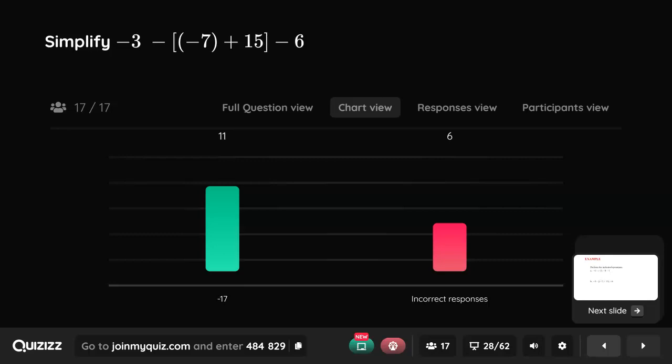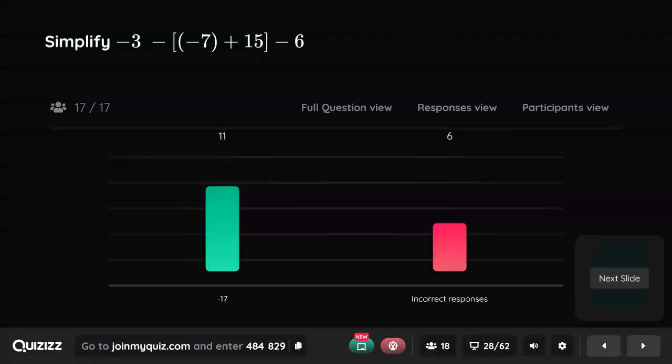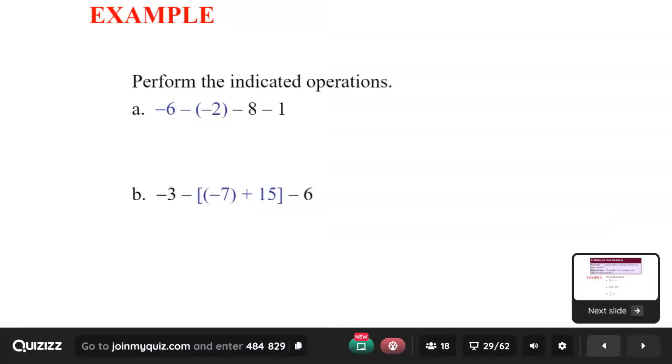Yeah, I need to do that big set of brackets there. So if I have negative 7 plus 15, that gives me what? 8. Okay, or positive 8. And then I now have negative 3 minus 8 minus 6. So negative 3 plus negative 8 plus negative 6. So negative 3 plus negative 8 is negative 11 plus negative 6, negative 17. There's addition, and then left to right. Right? Because when we have those negative values added in, we have to be more careful about what we're doing from step to step. It's really easy to get tripped up on what's positive and what's negative.